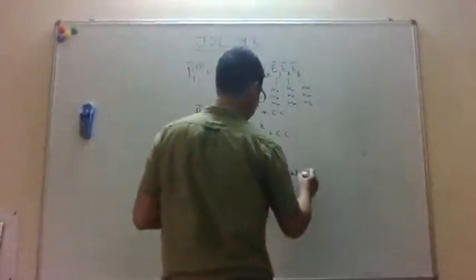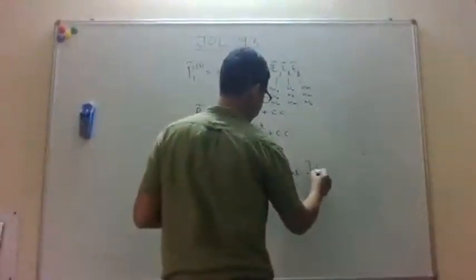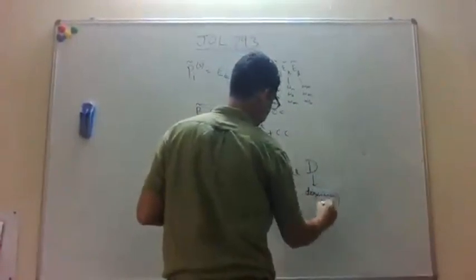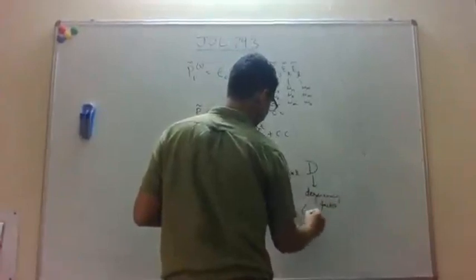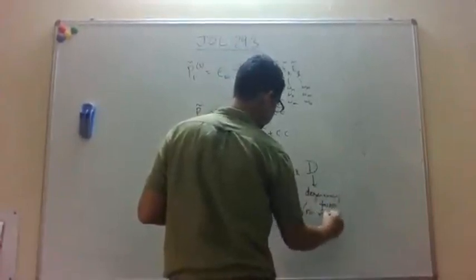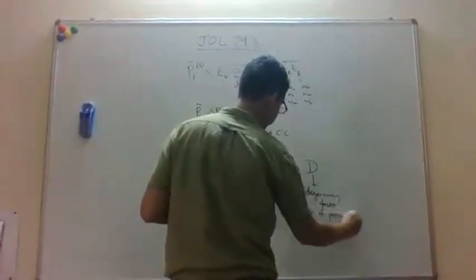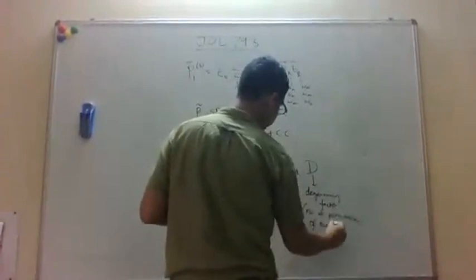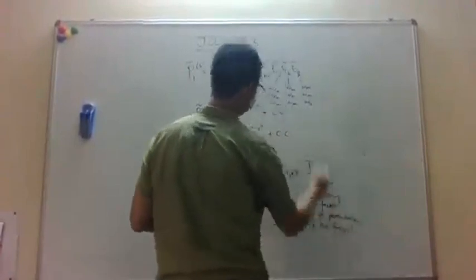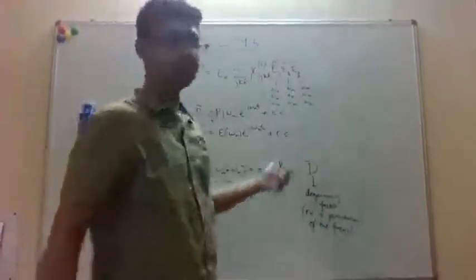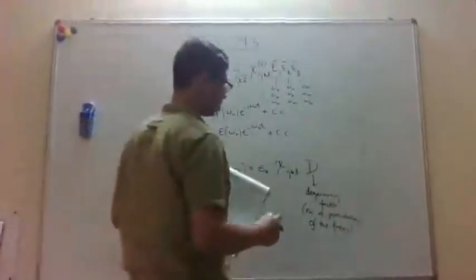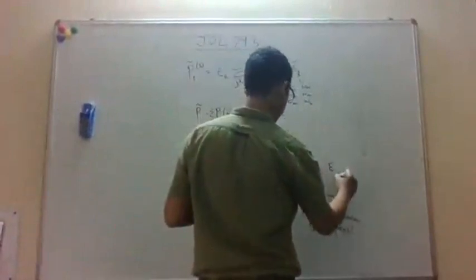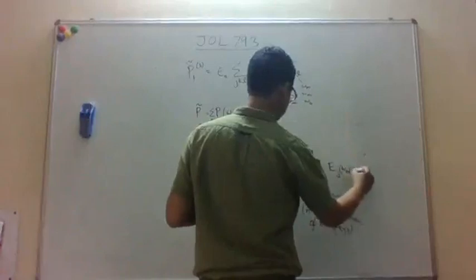I denote that by D, which is some degeneracy factor. It's basically the number of permutations of the frequencies present in my medium, times this.